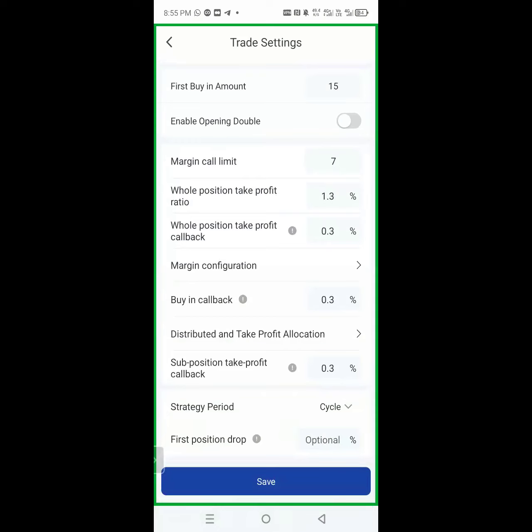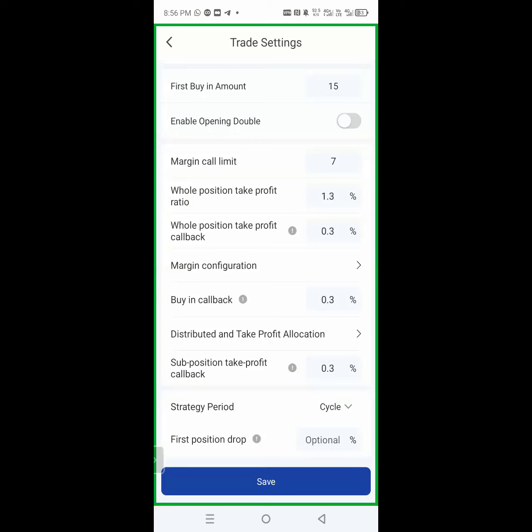Okay, so we have the distributed take profit allocation. This is where, the continuation is that it helps us to make profits even when coins are going down. So this is where we state the profit, because from your fifth margin and above, the robot sells it individually.